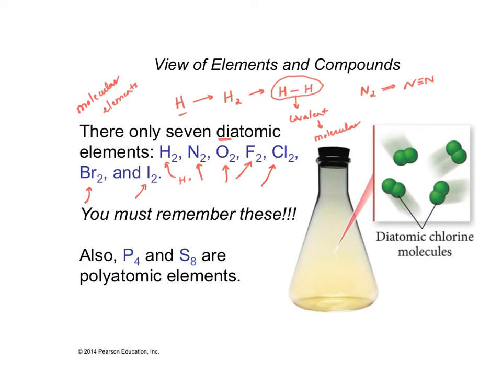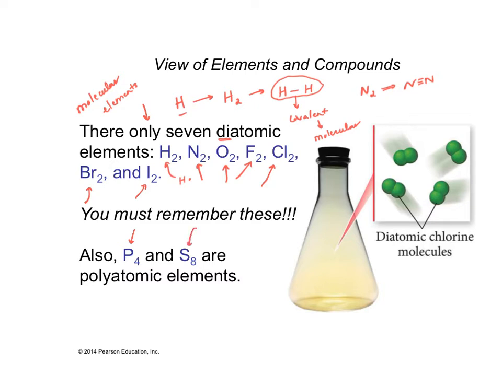Another little thing to note that I am not super strict on: I do want you to know the 7 diatomic elements, but there are also 2 polyatomic elements. Phosphorus is a polyatomic element. It comes in groups of 4, so this is 4 phosphorus atoms attached covalently to one another.